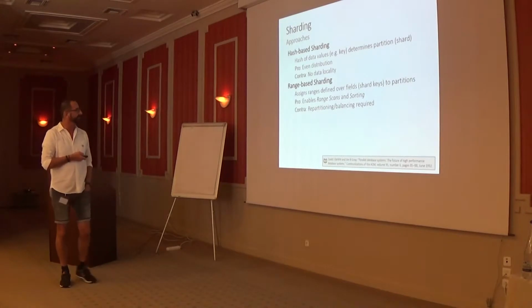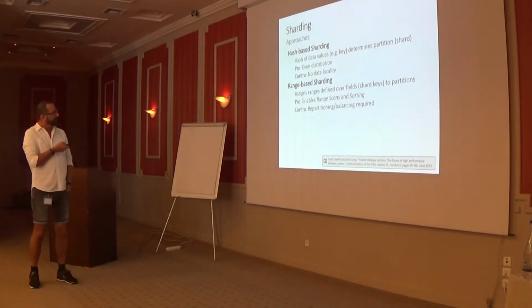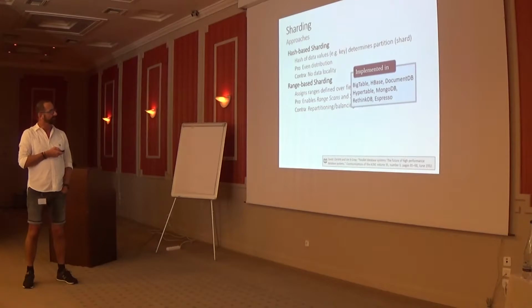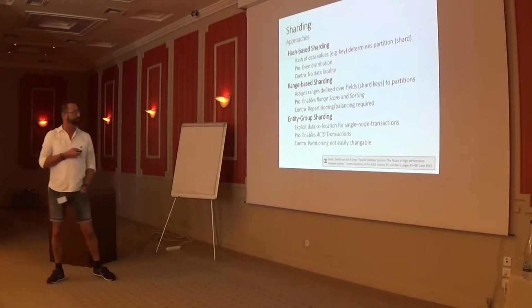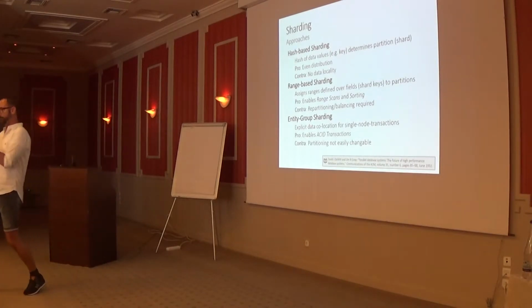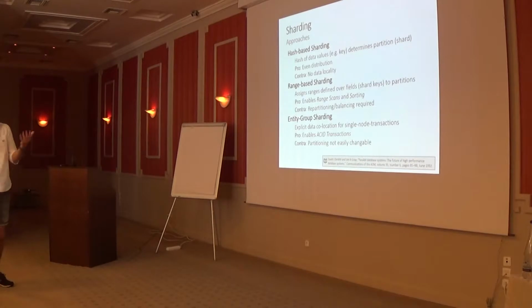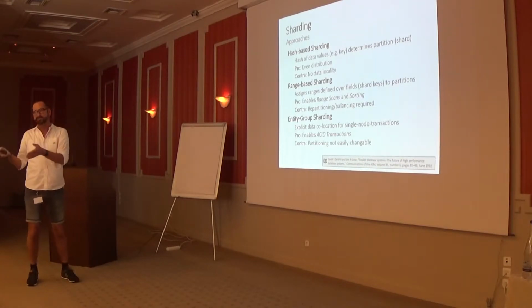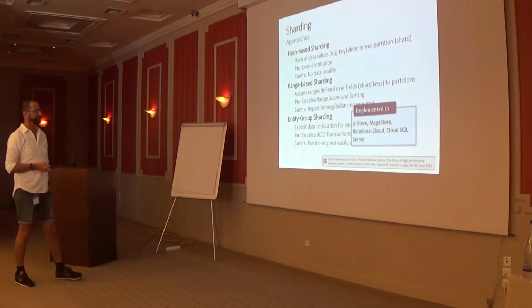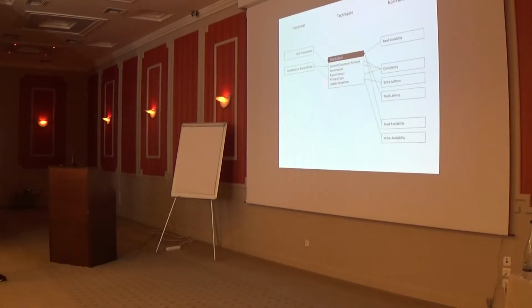We have range-based sharding. You know the advantages and the shortcomings. These are systems which implement range-based sharding. There's another thing like entity group sharding, grouping occurrences of specific entity groups together and so forth. We did it in the same way for all the others.